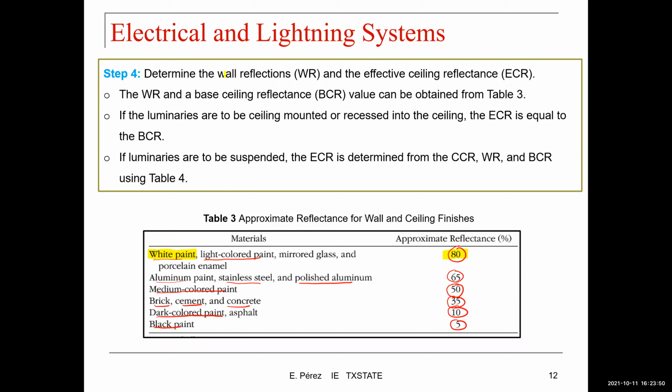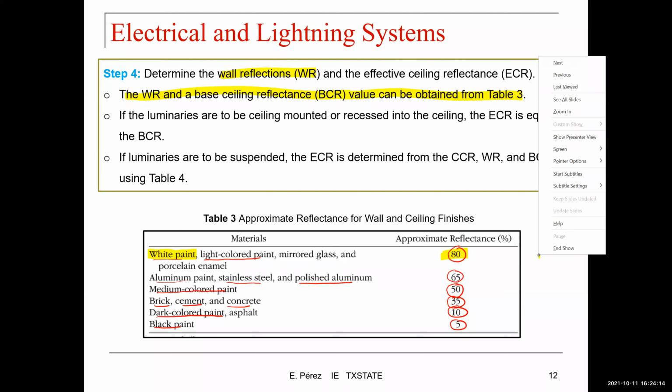The wall reflection and the base ceiling reflectance are obtained from table 3, and for both, the value is going to be 80% because we are using the white paint. So our BCR and WR are going to be 80%.